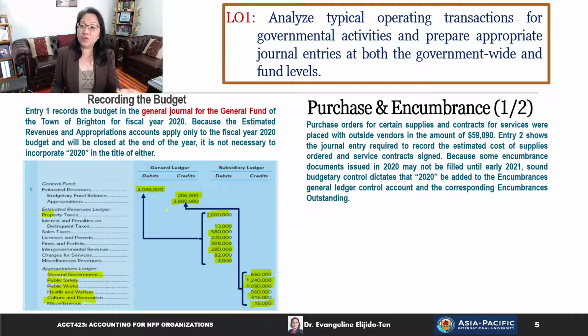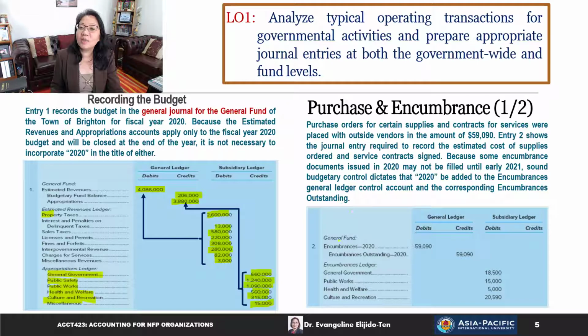So in this case, $59,090 have been encumbered, and our journal entry would be to debit encumbrances for year 2020, $59,090, and credit encumbrances outstanding for 2020, $59,090.